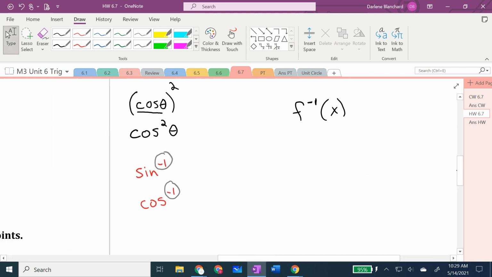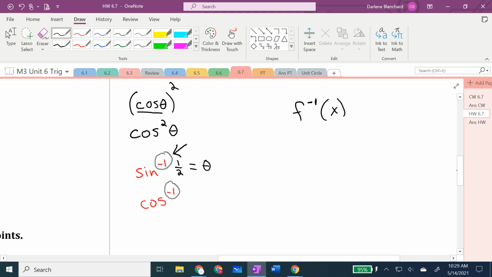Inverse means literally swapping your x and y. When you use this -1 looking exponent thing, you're actually putting in things like, let's say 1/2, and you're getting out an angle.